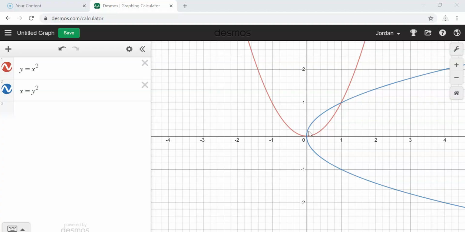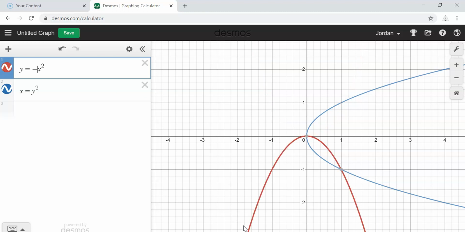So let me take a look at those just so that you understand what's going on. By the way, I'm looking at this on a Desmos calculator, desmos.com if you're looking for it. The first thing I'm going to look at is the difference between the two different types of equations: the one where we square our x component and the one where we square our y component. You'll notice that when we square the x component, our parabola is pointing up, or technically, if you throw in a negative sign, the parabola would be pointing down.